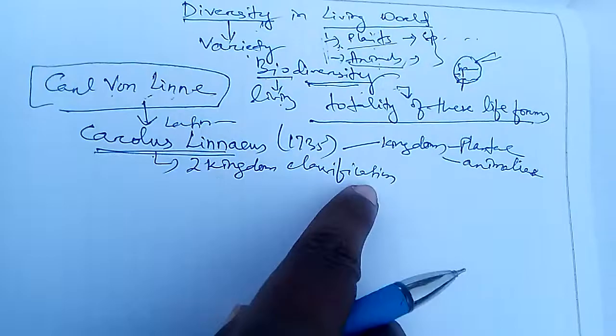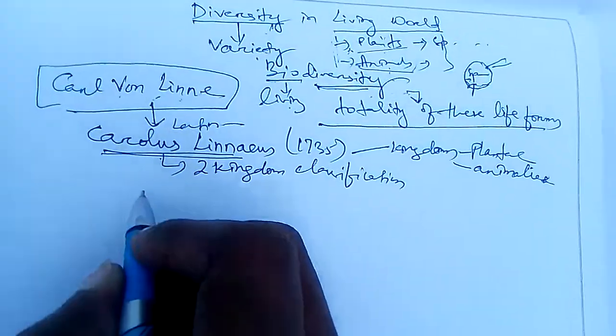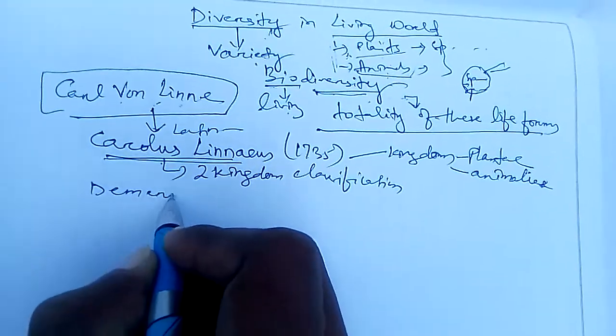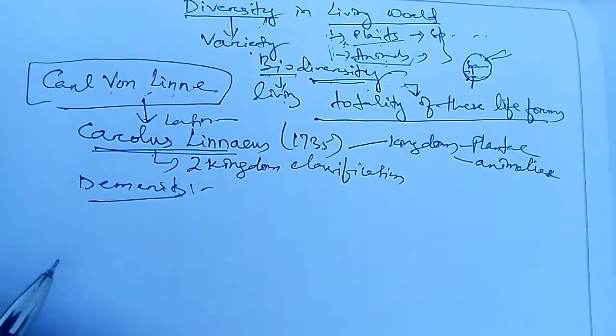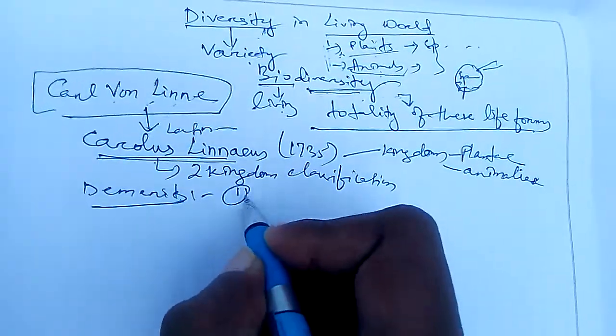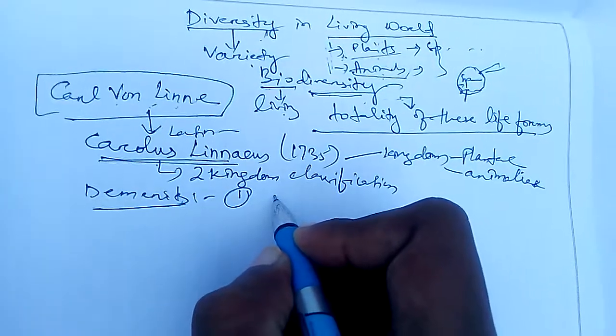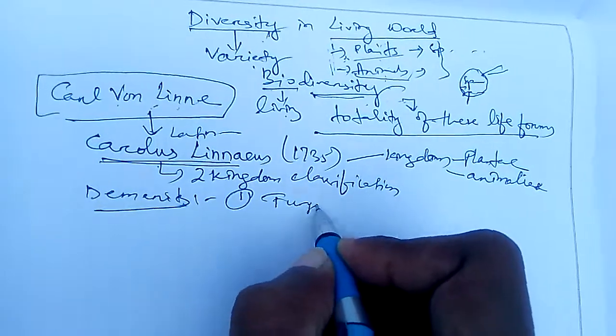But in this two kingdom classification there are various demerits, many negative points. The most important demerit is that fungi are included in Plantae.